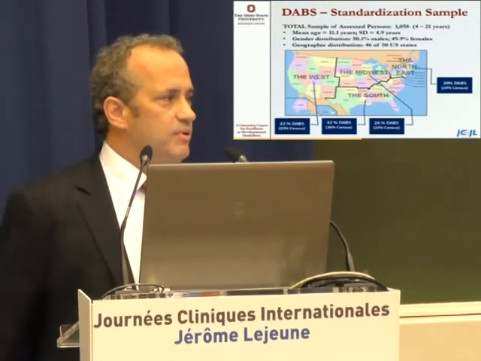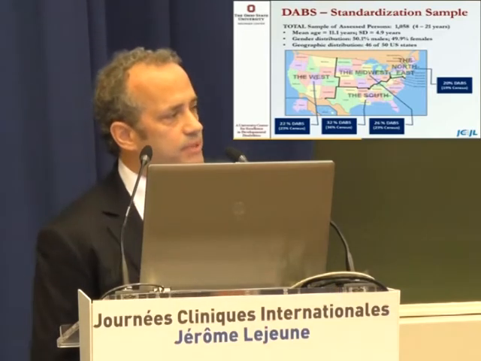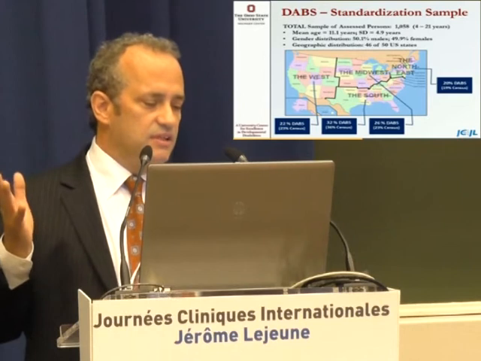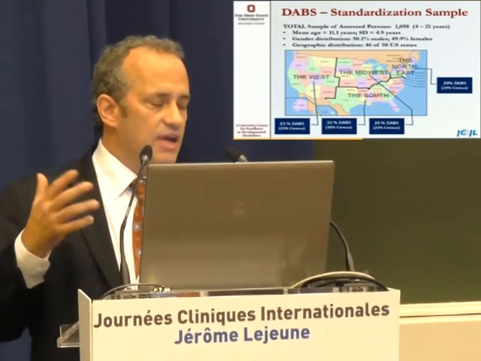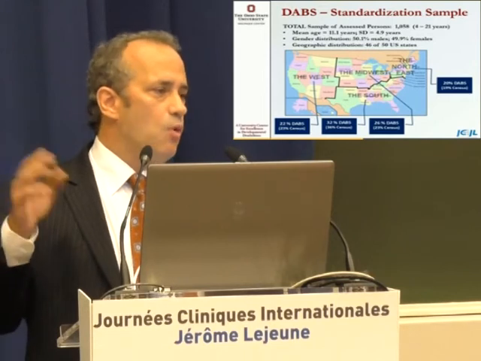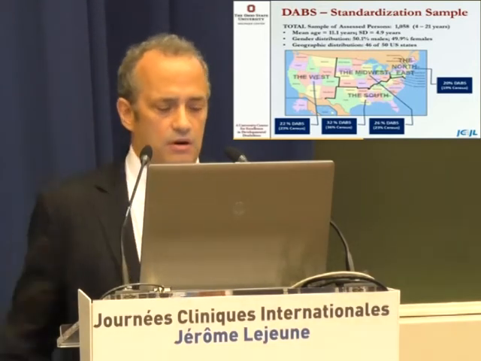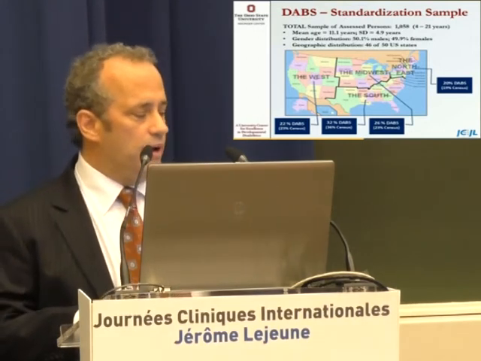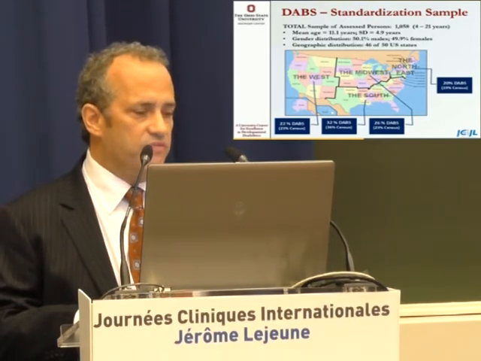Our complete sample is about 1,058 people, developed in the US, and it's standardized and normed on a sample of general population individuals that are representative of the US, using US Census indicators of how your population should be distributed geographically.